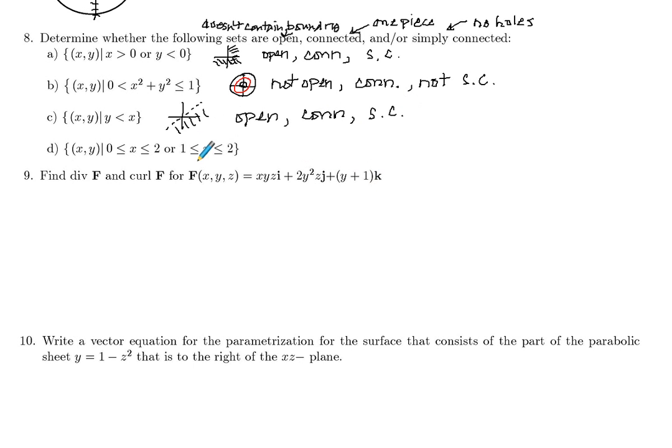And then lastly, x between 0 and 2 including, and y between 1 and 2 including. So if we sketch this, x is between 0 and 2, y is between 1 and 2. That's just a box like that, and it includes its boundary, so it's not open.